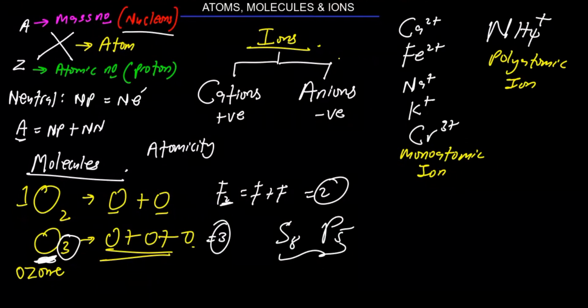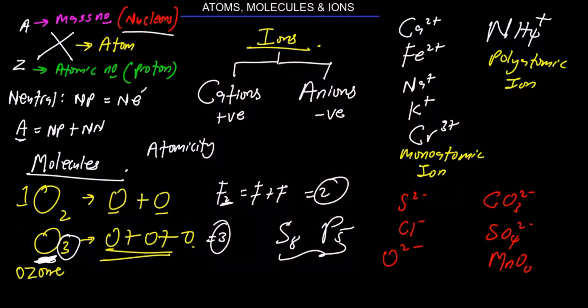Now let's go to the anions. For the anions, we have S2-, Cl-, O2-, and so on like that. Also, we can have the polyatomic ones such as CO3 2-, SO4 2-, MnO4-, and so on.